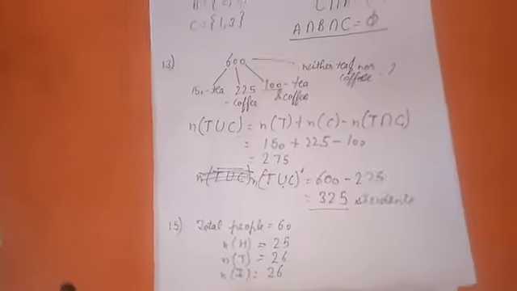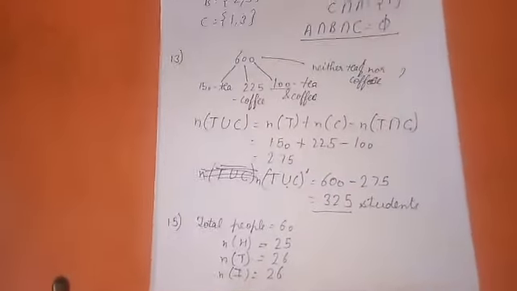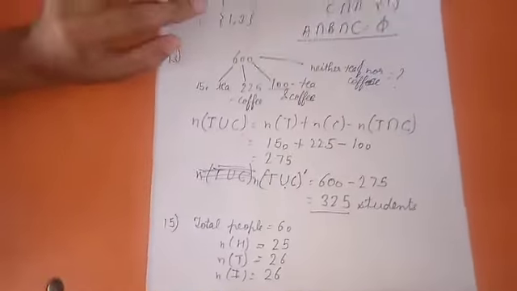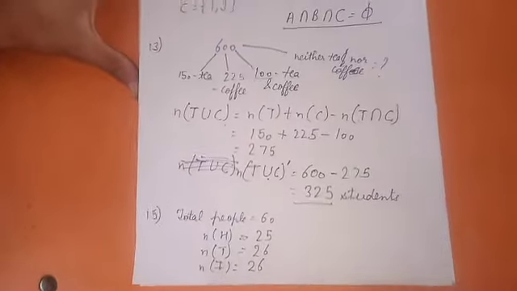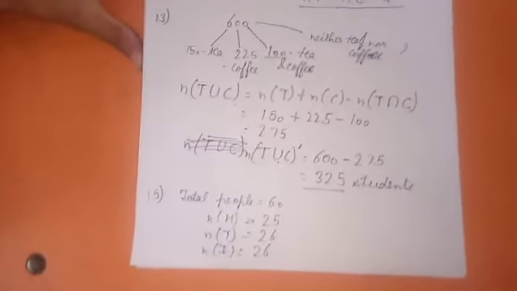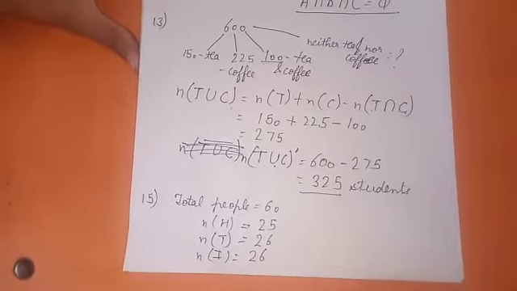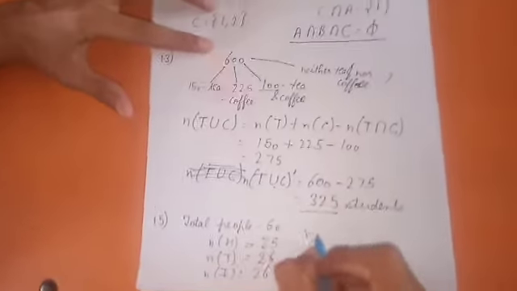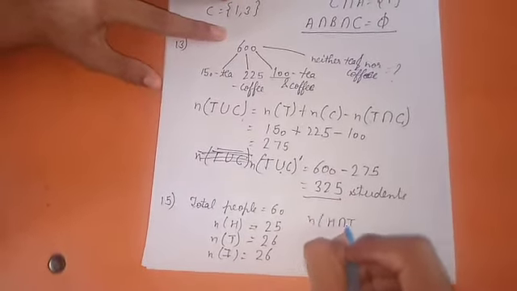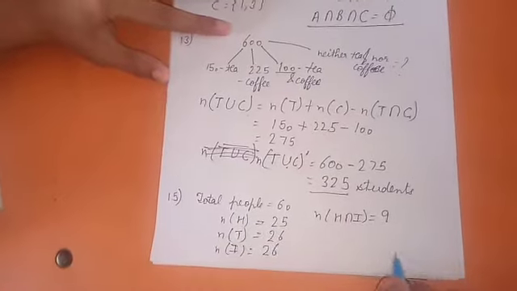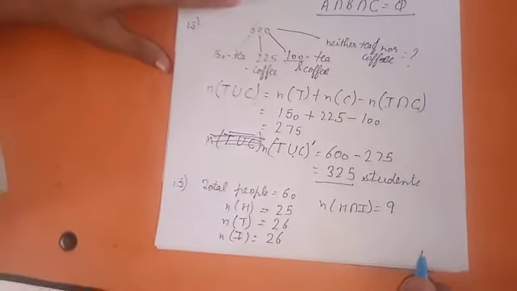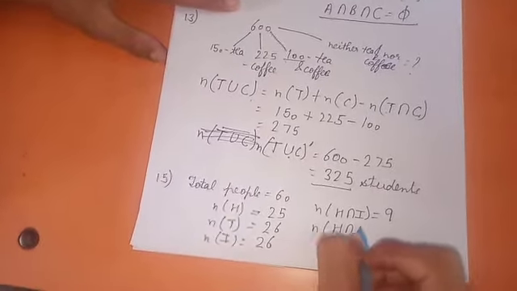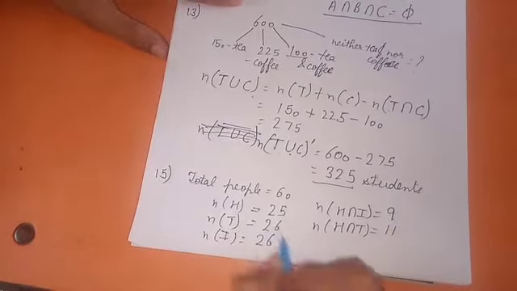Okay, more they have given to us: 9 read both H and I, that means intersection. If "and" is used, it means intersection, and if "or" is used, then union. So n of H intersection I is given to us as 9. 11 read both H and T, so n of H intersection T is 11.